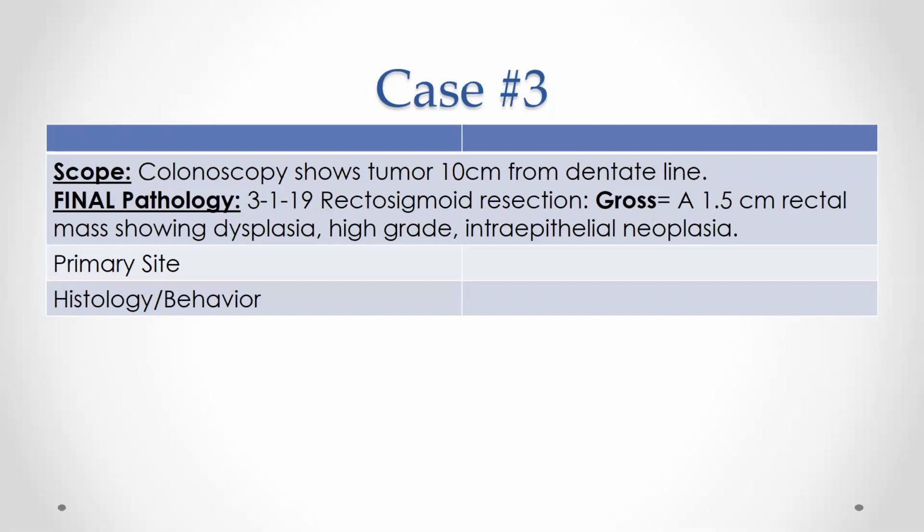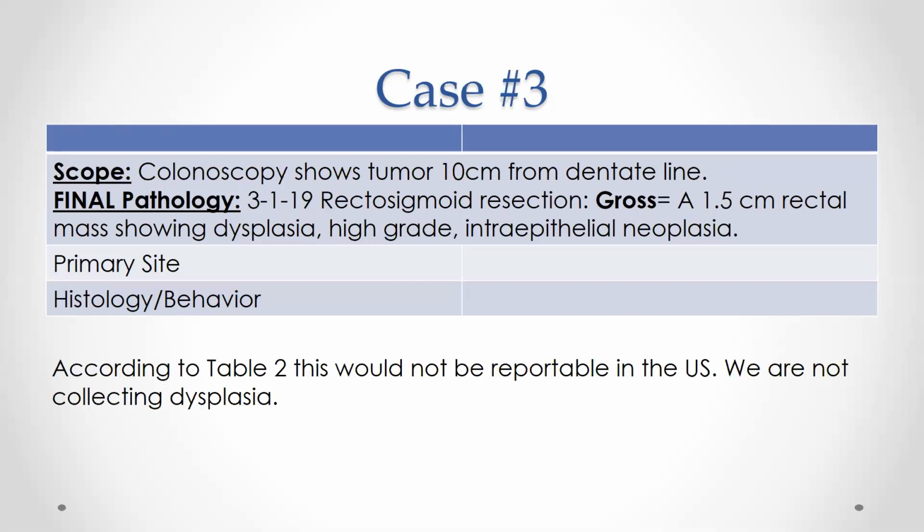And so this would be a good time to go to Table 2 and see if this is something that is maybe not reportable. According to Table 2, this would not be reportable in the US. We do not have a term in our path report that says carcinoma in situ, or CIS. So this would be not reportable.